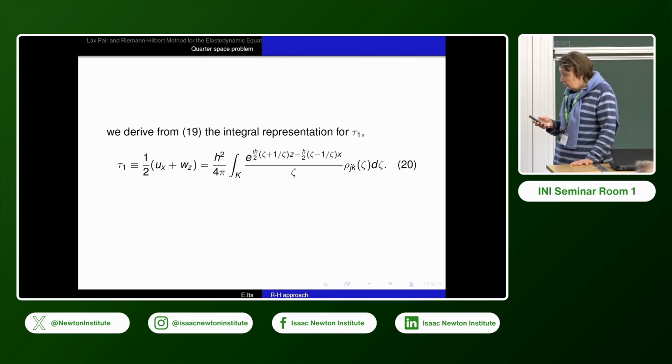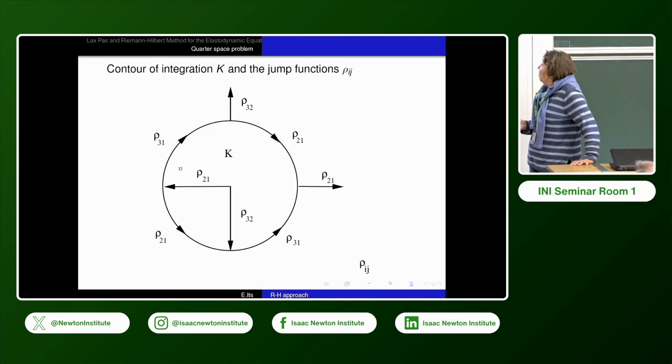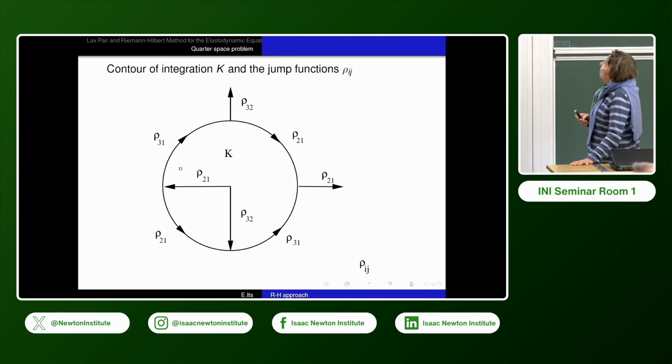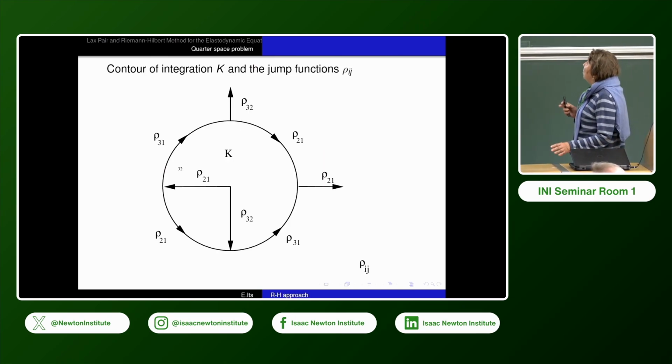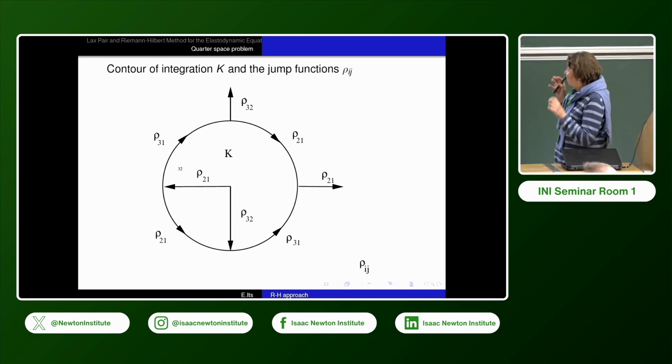The contour of integration could be derived from the regions of analyticity.